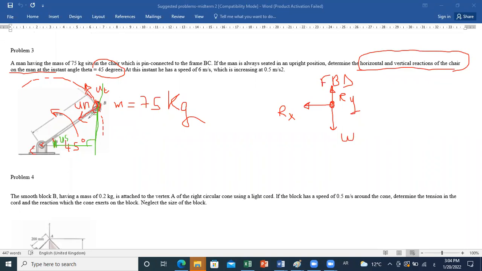So UN is making an angle of 45 degrees with Y, and of course also an angle of 45 degrees with X. So if I want to represent these vectors here, this is UN, the angle here is 45, and this is UT.